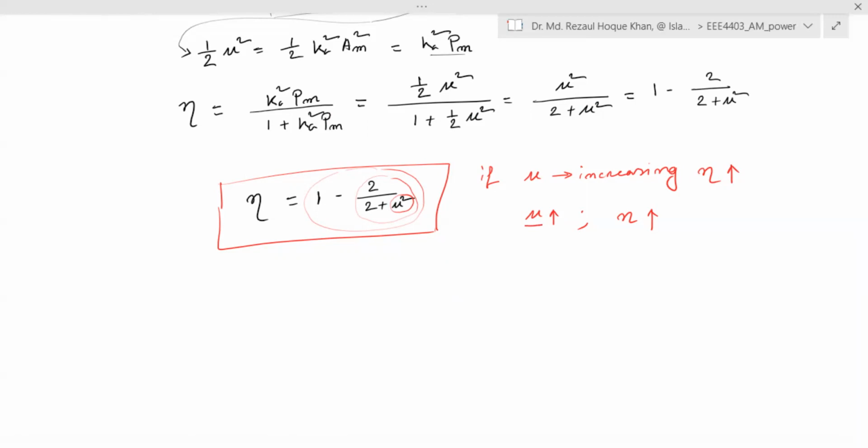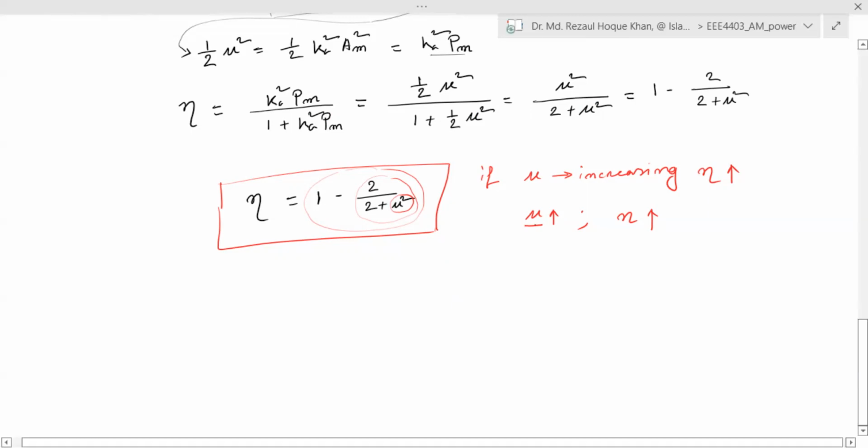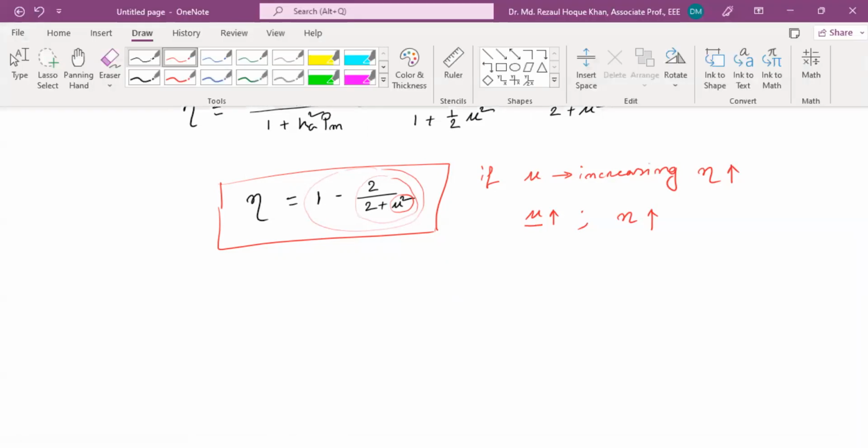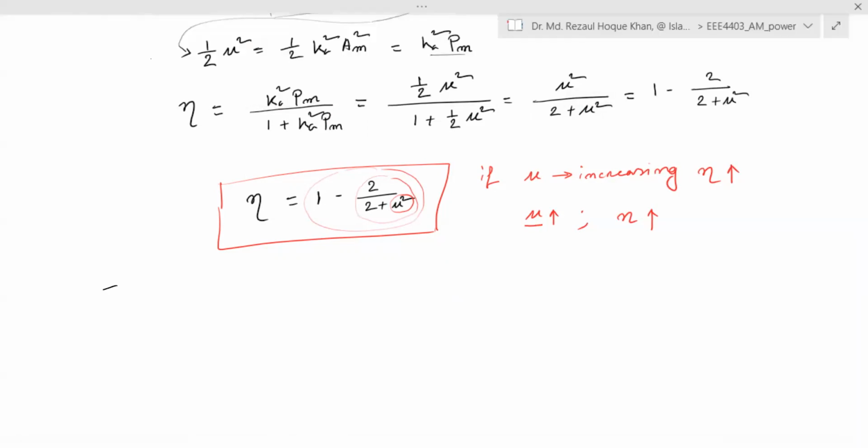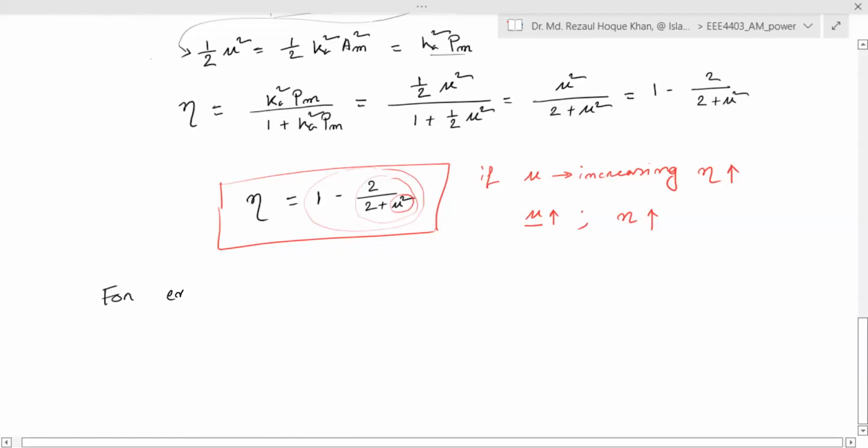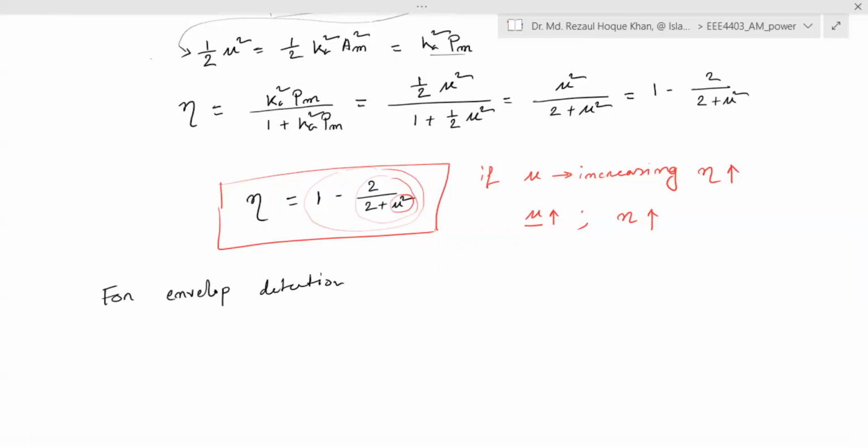So what is the maximum value of mu for envelope detection? We already know this condition. For envelope detection, the maximum value of mu is 1.